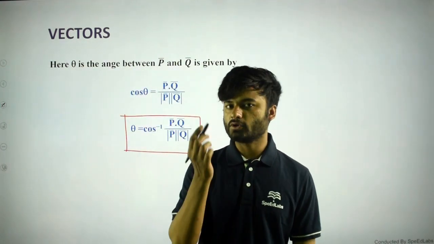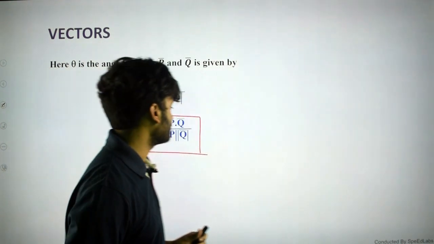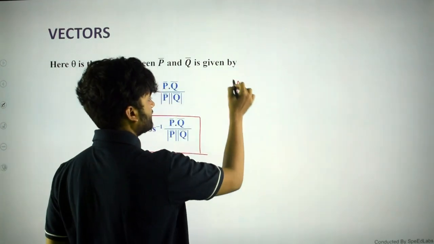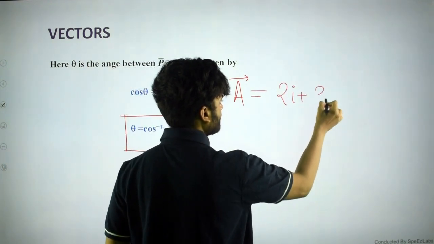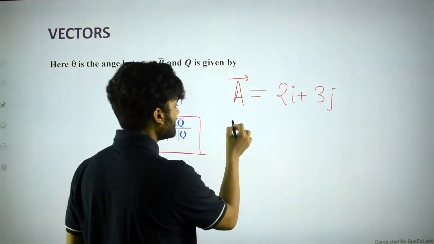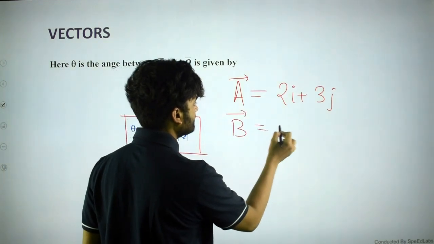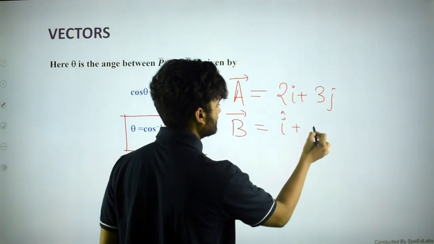If I want to give one example, let's say your a vector is 2i plus 3j, and similarly your b vector is i plus j.